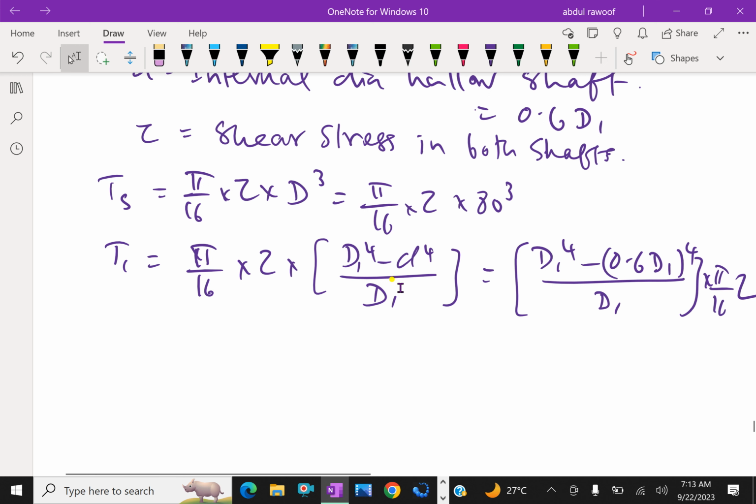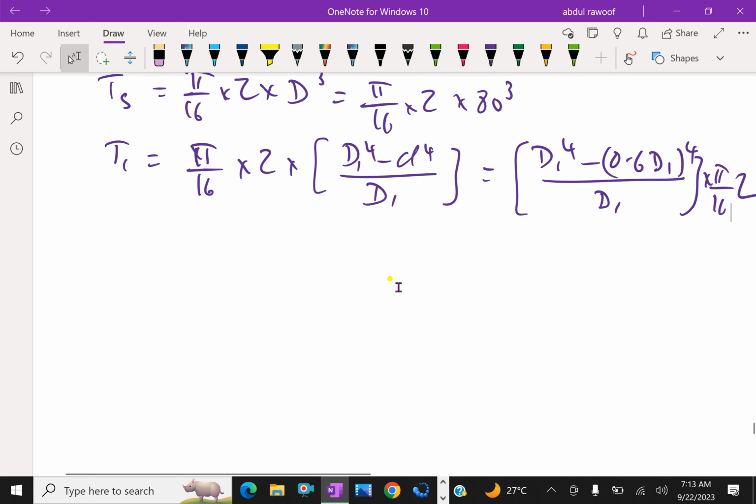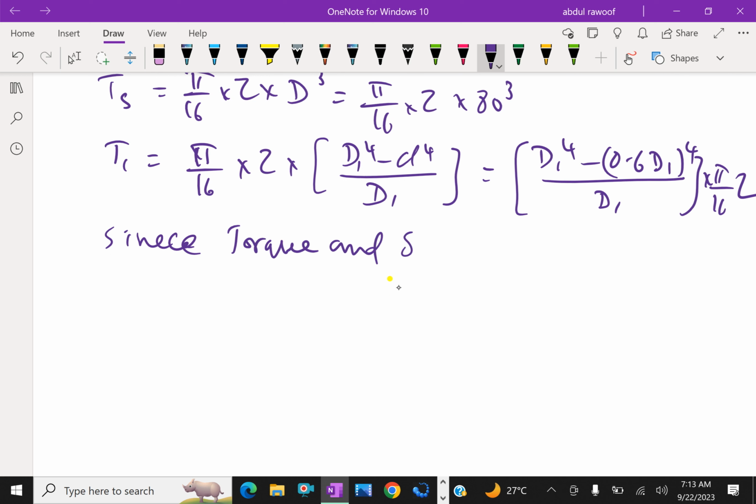Since the torque transmitted and the allowable shear stress are the same, because it is given, you have to equate 1 and 2.